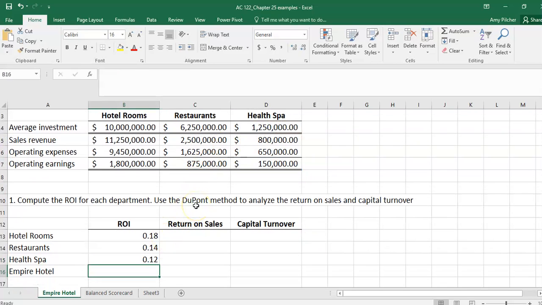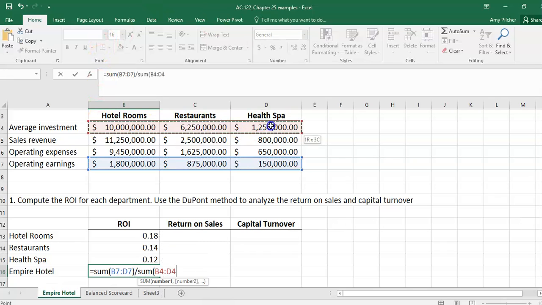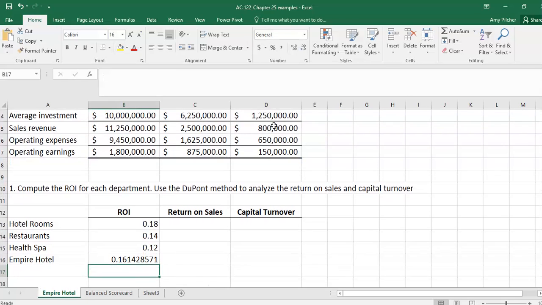And to get the hotel as a whole, we will add together the three divisions' earnings and divide by the sum of the three divisions' investments.